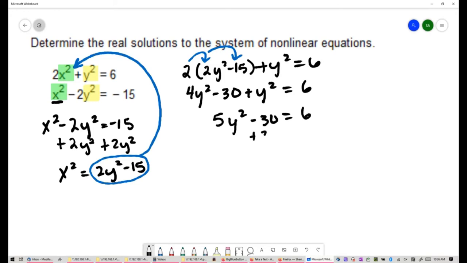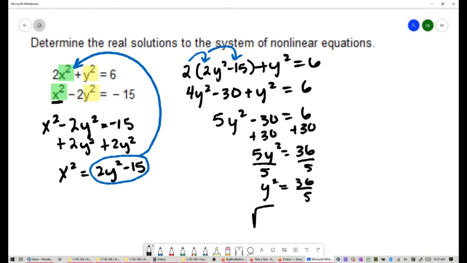I'm going to add 30 to both sides, and that gives 5y squared equals 36. I'm just going to pause here for a second, just double checking my work. Okay, so we'll divide both sides by 5. That gives y squared equals 36 over 5.